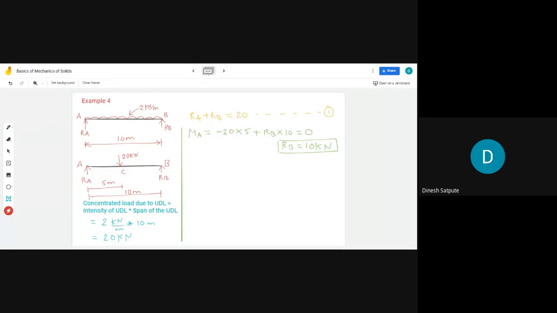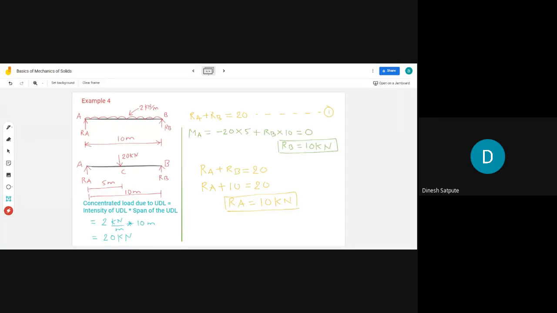So, if you take reference of that equation, then as we have RA plus RB equal to 20, then in that case, RA is unknown plus RB is 10 is equal to 20 and RA will be equal to 10, 10 kilonewton. RA will be equal to 10 kilonewton.